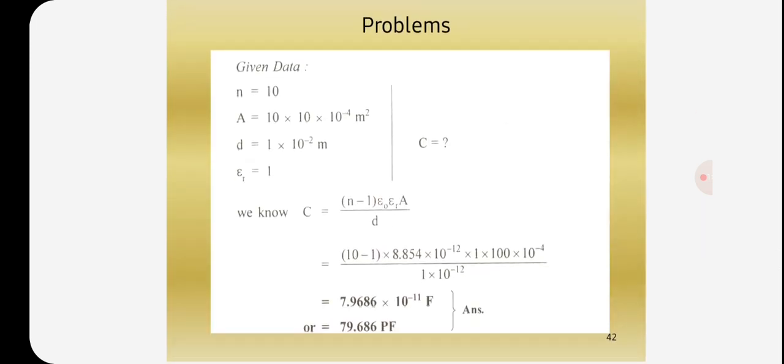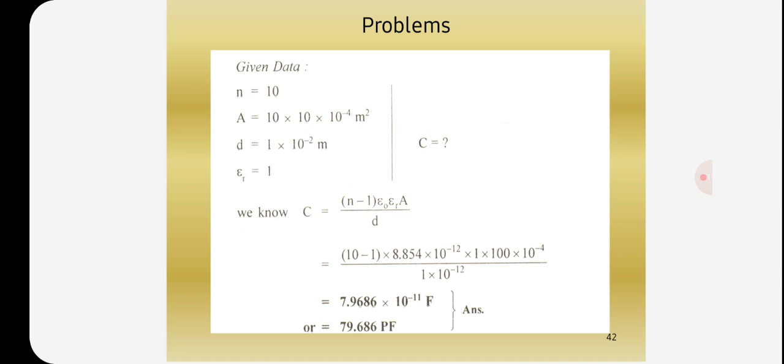The solution: the given n is equal to 10, a is equal to 10 into 10 to the power minus 4 meter square, d is equal to 1 into 10 to the power of minus 2 meters, epsilon r is equal to 1 because it is air.